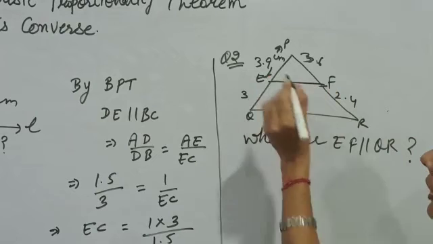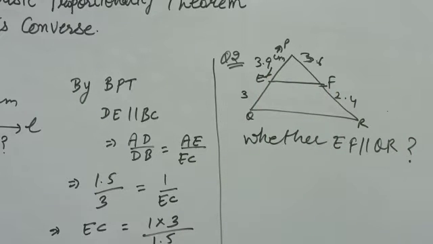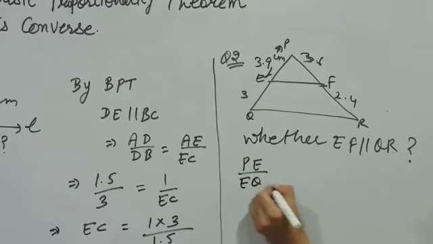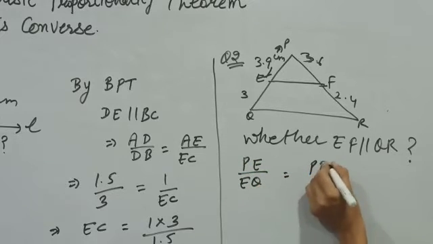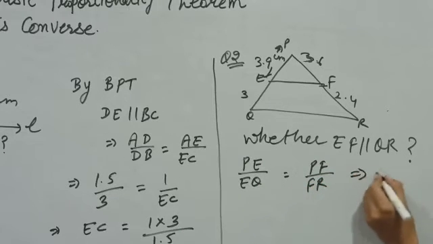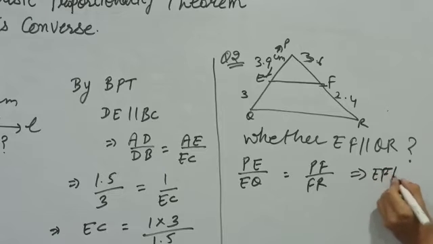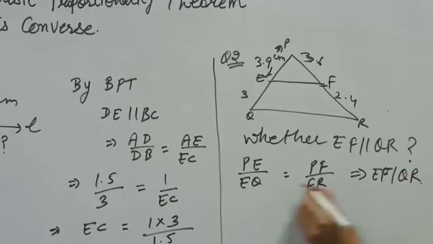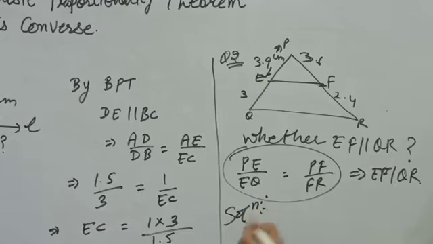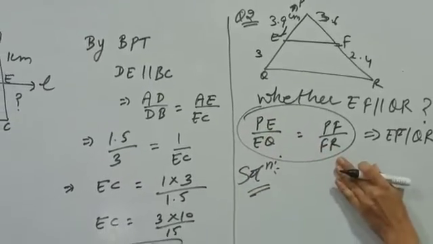So what does the converse of the BPT say? The converse says that if PE upon EQ is equal to PF upon FR, if these two ratios are equal, then we can say EF is parallel to QR. So firstly we have to check whether these ratios are equal.